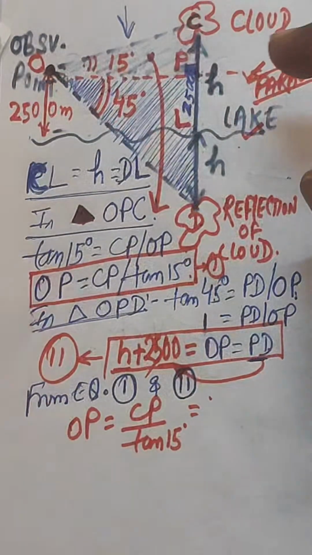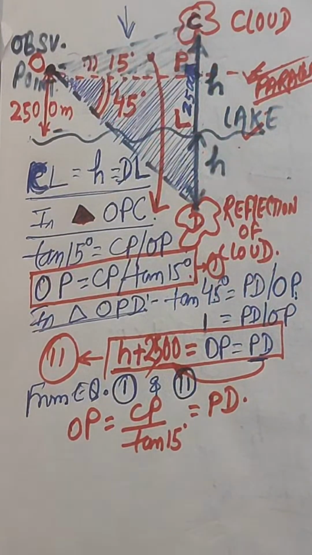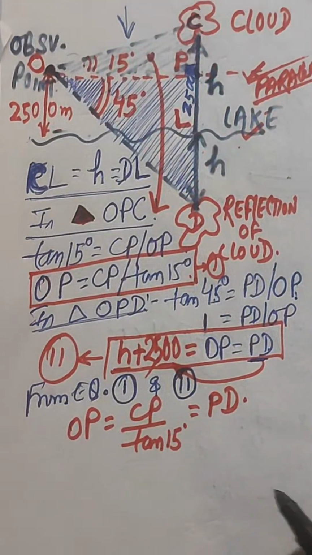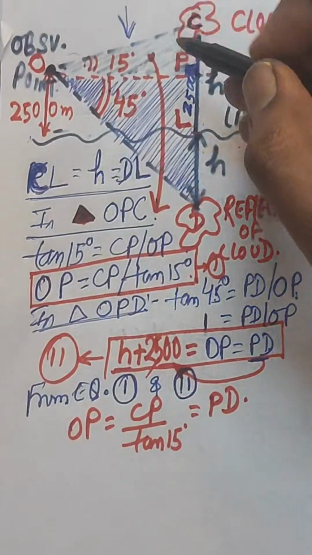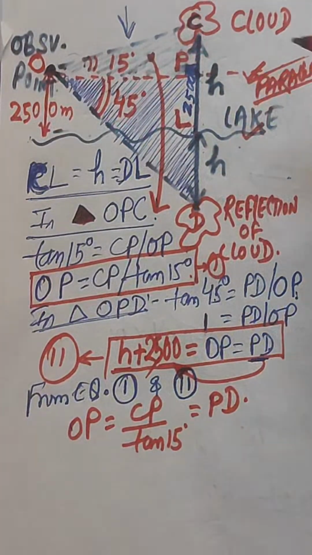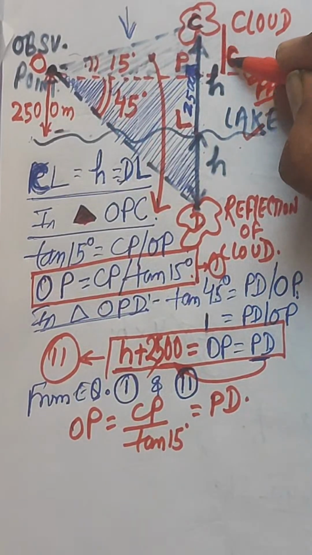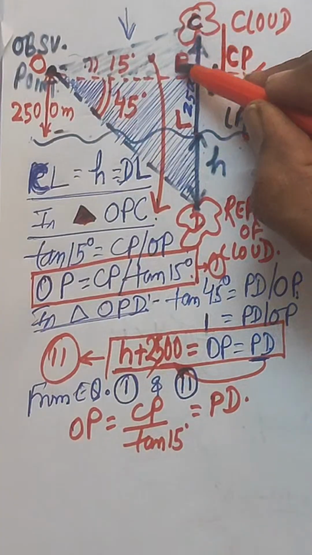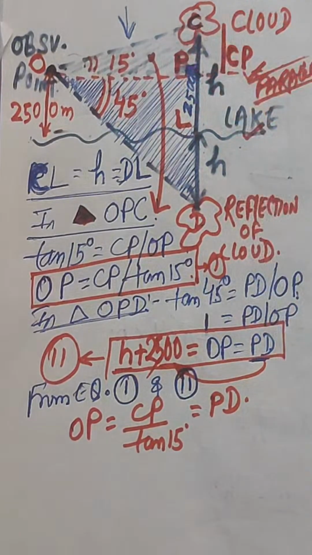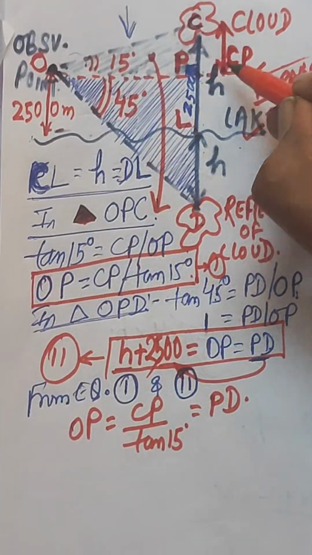And PD, let me elaborate in detail. So from here CP, if we know the length of this CP, this portion, this is nothing but CP, because this is C and this is P. This is the length of CP.